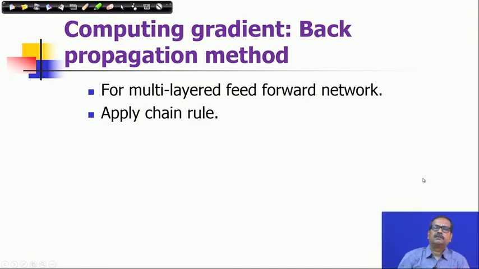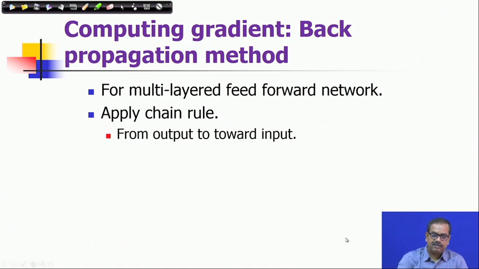So, when we would like to compute the gradient of a multilayered feed forward network, we apply the same chain rule, but since there is a layered computation, the chain rule has to be applied following that layered architecture, which means that we should compute from output towards the input.